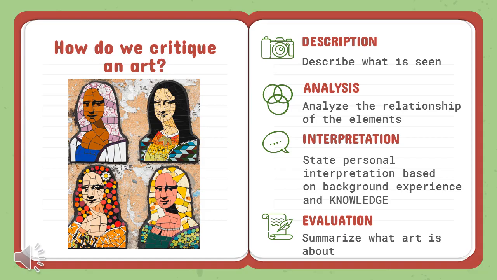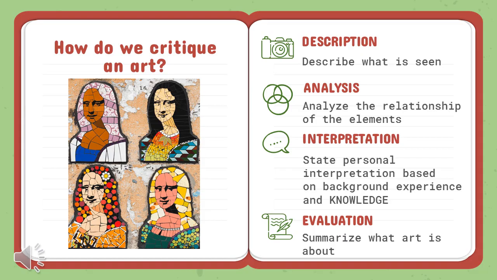Okay? Next, second one, we have analysis. You have to analyze the relationship of the elements. Its colors, its shapes, whatsoever art form or structure it is, you have to analyze it. You have to understand its relationship with one another.